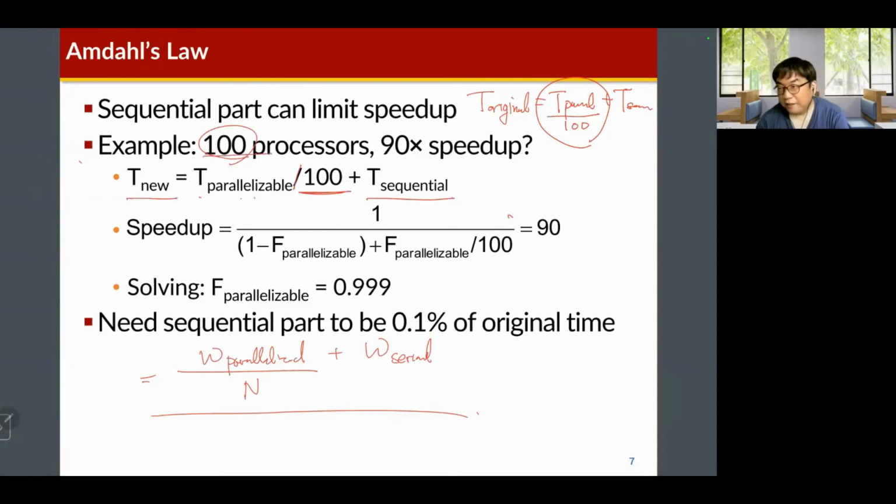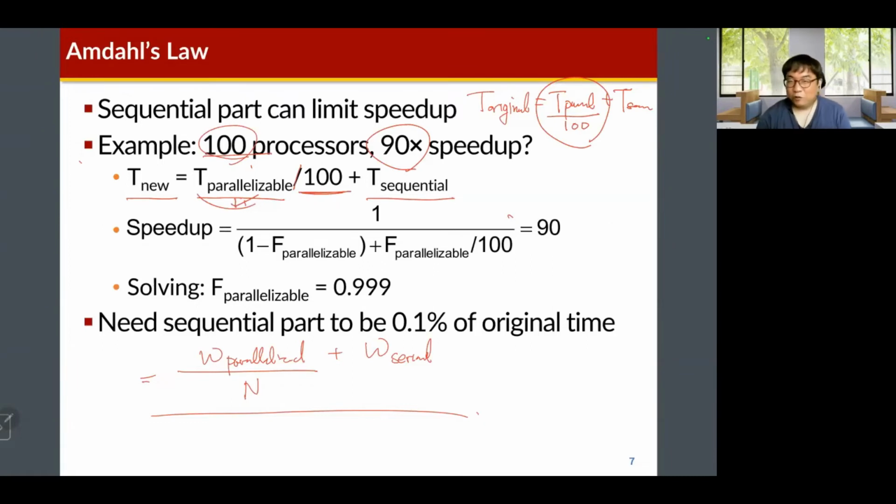It's not changed, right? So this is the new execution time with 100 processors. And how can we get 90 times speed up with the 100 processors? We need to calculate the fraction of the parallelizable part.